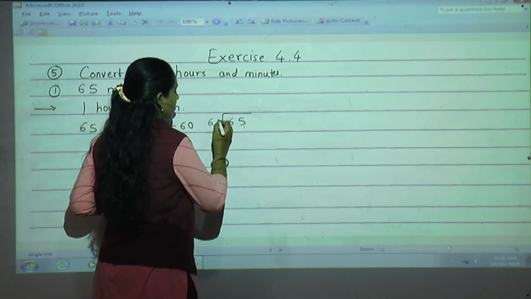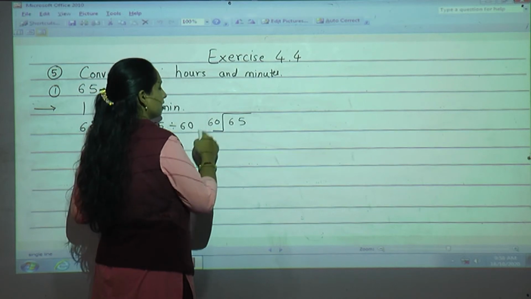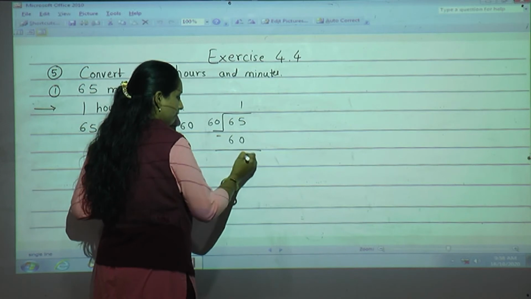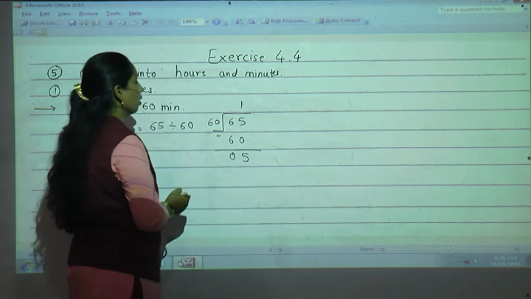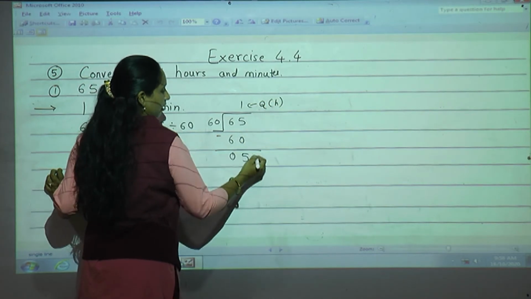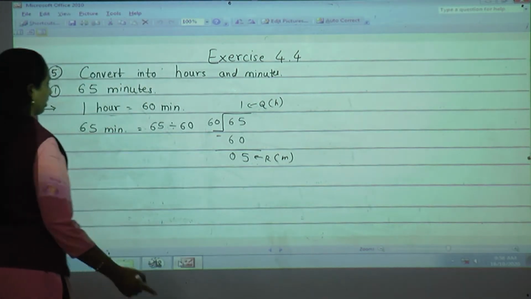So we will divide this. 65 divided by 60. In 60 table 65 is there? No. What is less than that? 60 ones are 60. Do the subtraction. 5 as it is. 6 minus 6 is 0. So the quotient will be hours and the remainder will be minutes. Keep in your mind this thing.